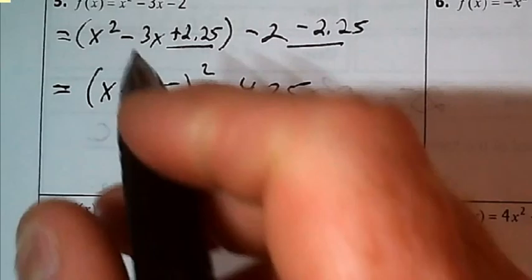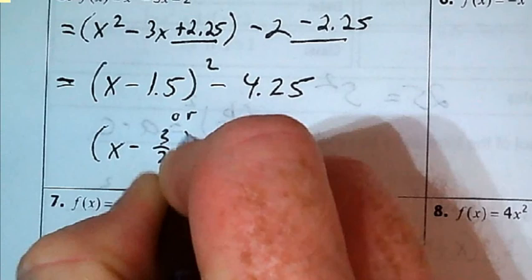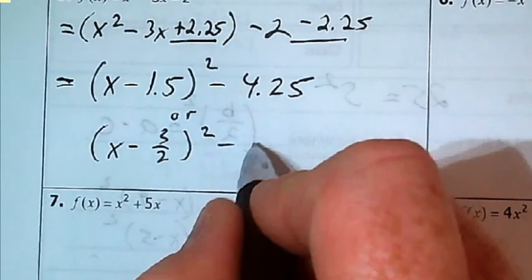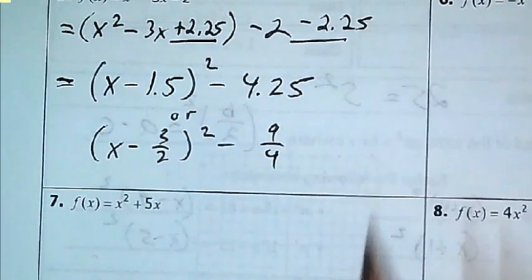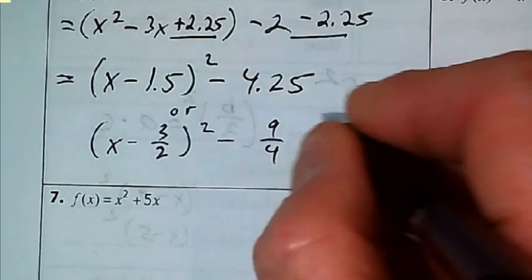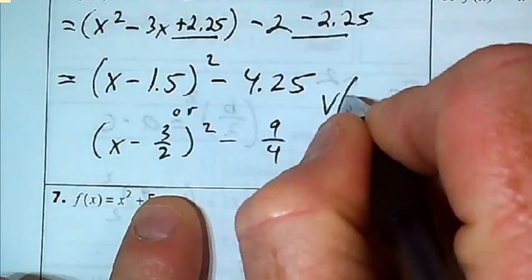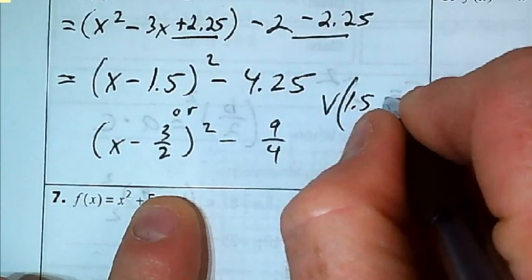So this could be written as x minus 3/2 squared minus 9/4. Either way is correct. The vertex is going to be positive 1.5, comma, negative 4.25.